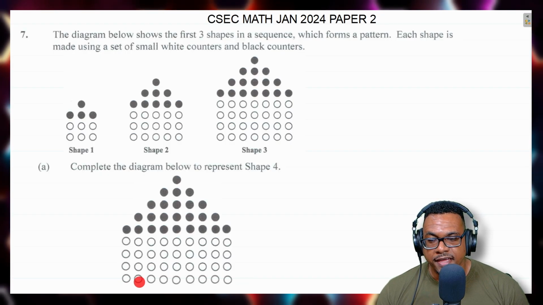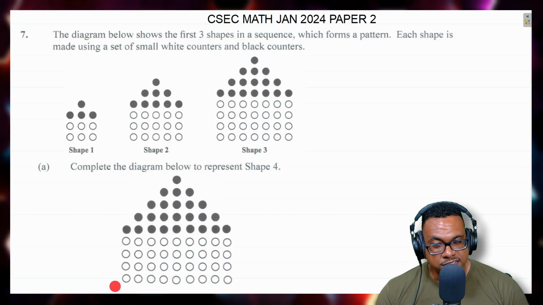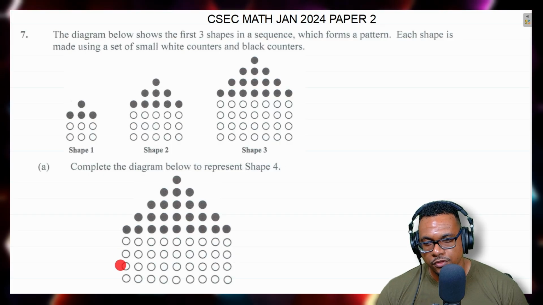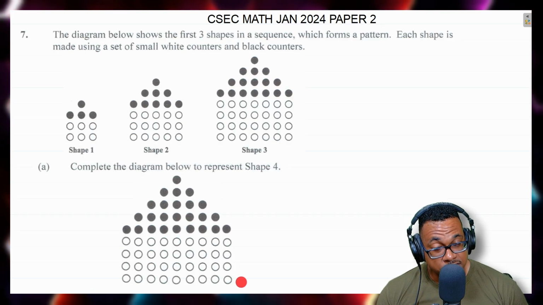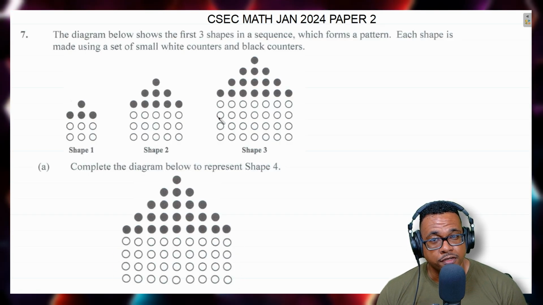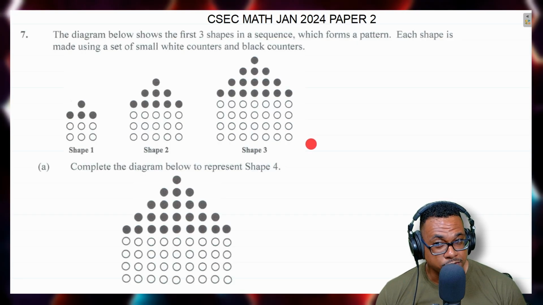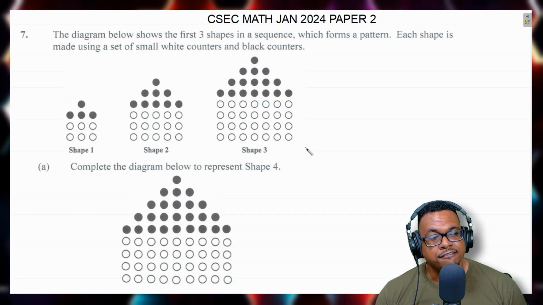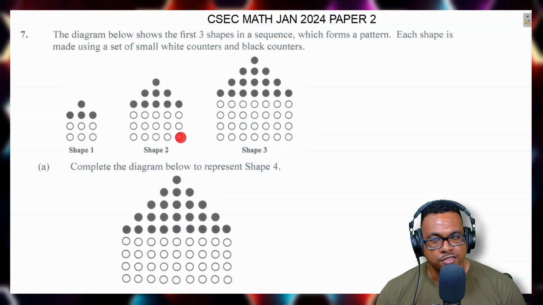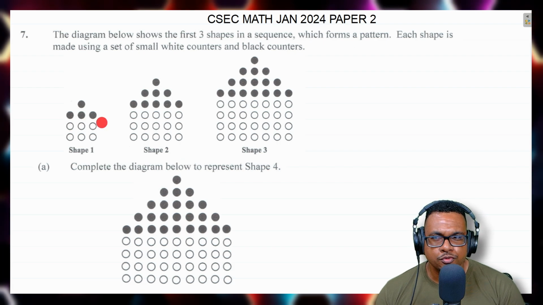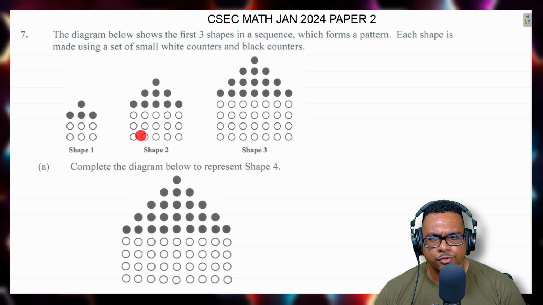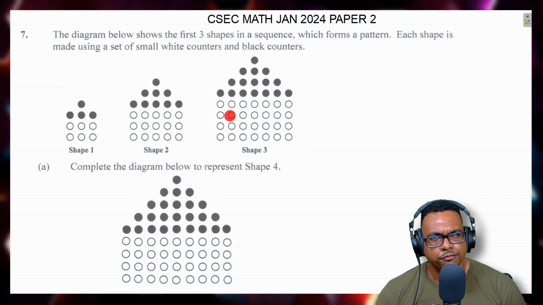Okay, so I've added my extra row of white counters, but notice something. I have 4 rows of white counters here, and here I also have 4 rows of white counters. So I know I'm supposed to have 5 rows because the rows of white counters go up by 1. So you see 2 rows of white counters, then 3 rows, then 4 rows.